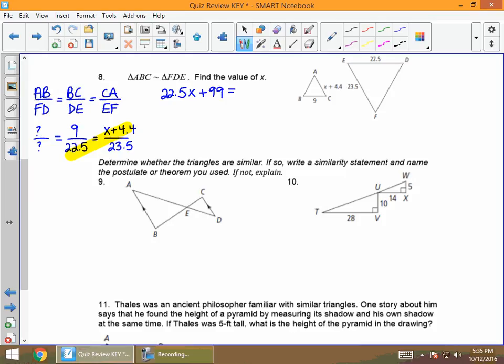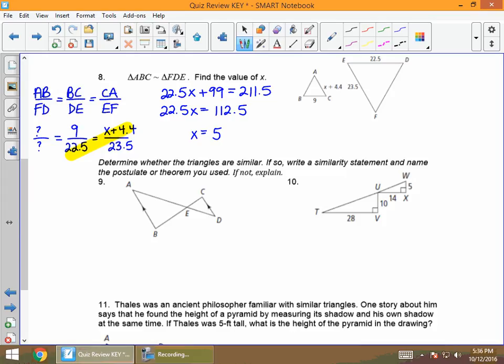And that is going to be equal to the other diagonal, 9 times 23.5, which is 211.5. Okay, I'm going to subtract 99 on both sides, so 22.5x is equal to 112.5. And then I'm going to divide by 22.5 on both sides, and I find that x is equal to 5.